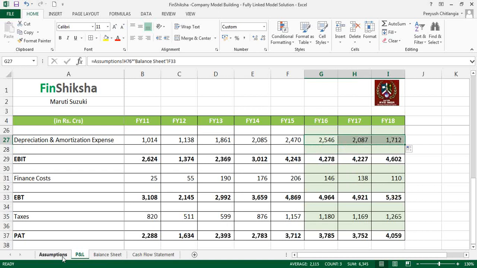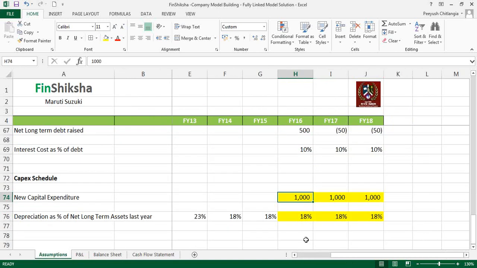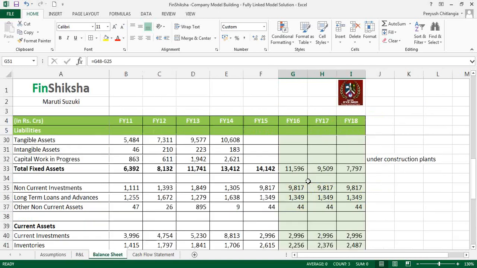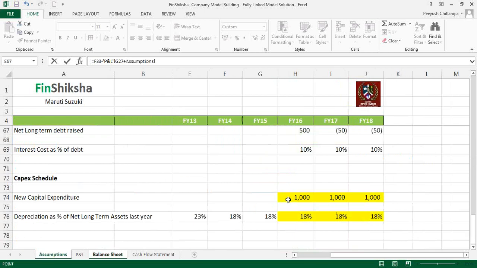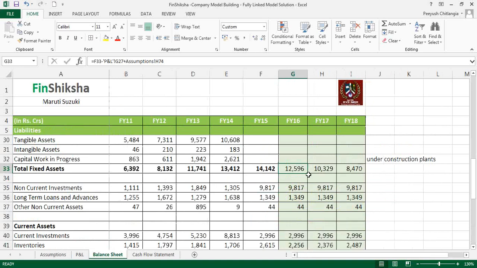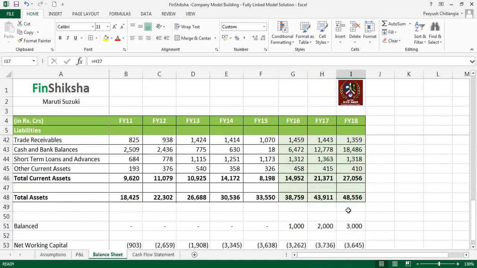And now remember, the capex is also coming in. So what should happen is that on my balance sheet, this number, while it removes the depreciation number of the year, should add any capex as well. So we go to the assumption sheet, add this 1000 crore here and link it ahead so that we get our 1000 crore every year.